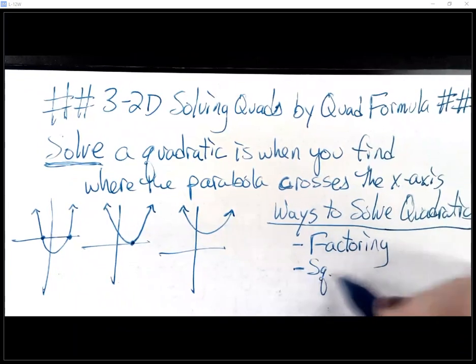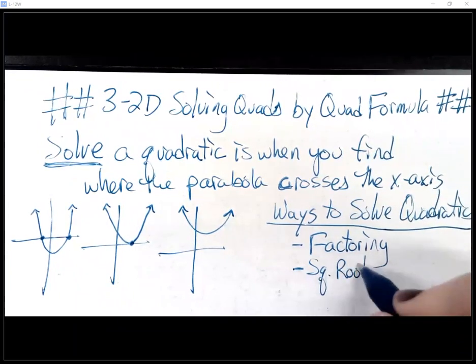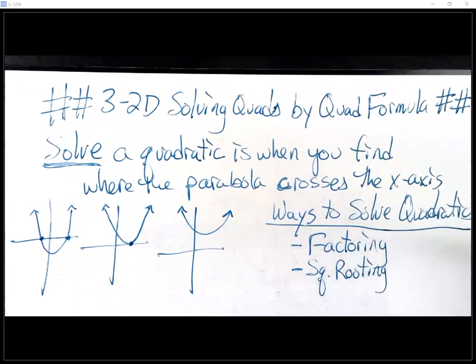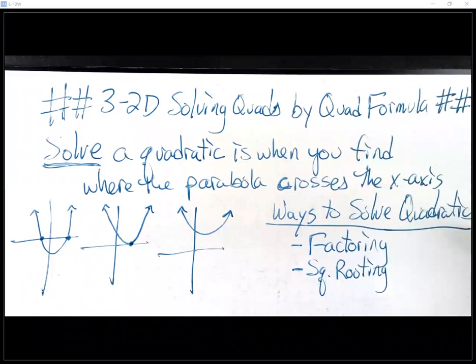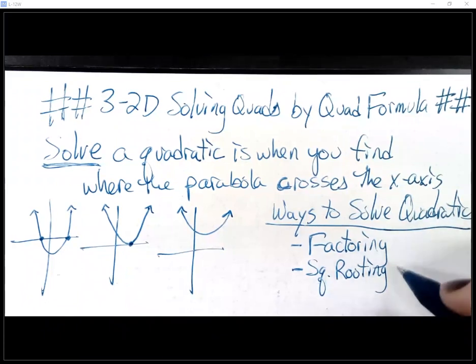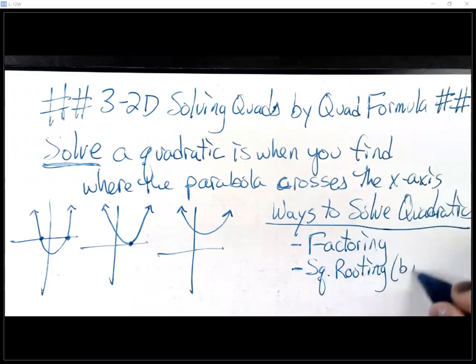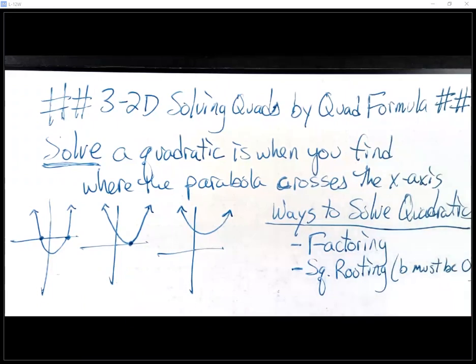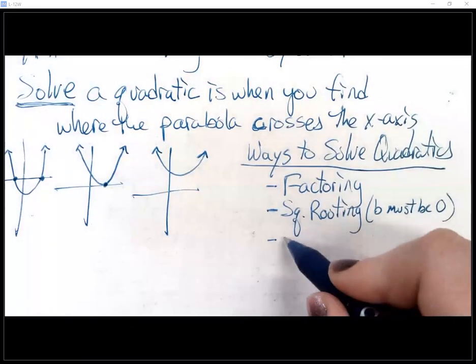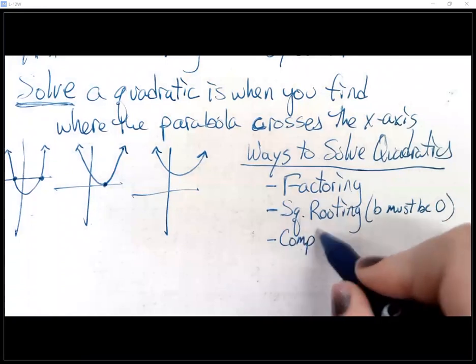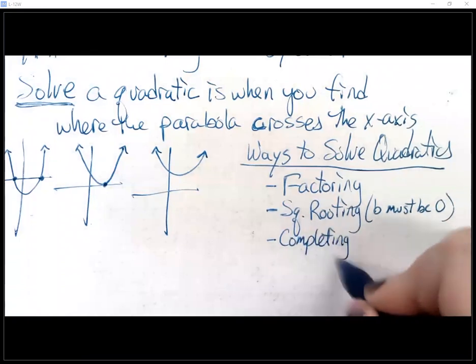That's where you don't have a B term, so B must be 0. We'll look at a few of those too. You can also solve by completing the square. We'll look at that on Monday, but I'm sure you probably remember it from last year.